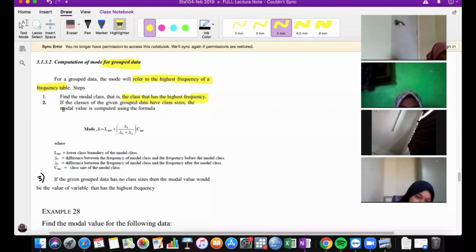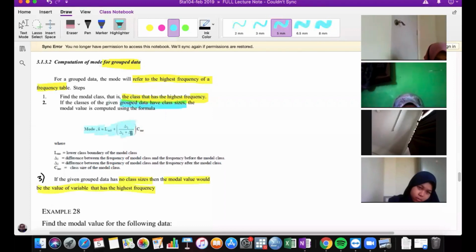If the class has no class size, then the modal value will be the value of the variable that has the highest frequency. If the grouped data has a class size, then we need to employ this formula.